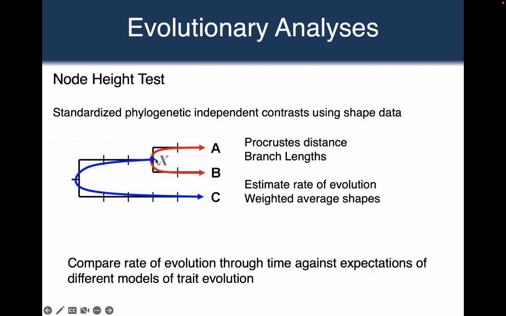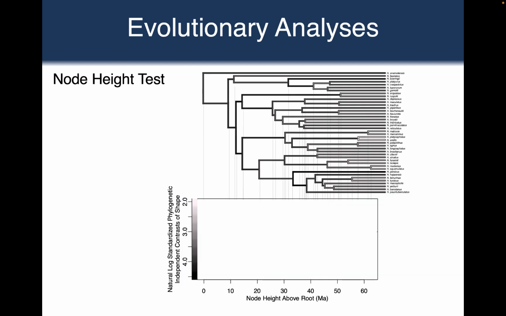Once you have an estimate of rate for each node going back through the phylogeny, you can see how that rate of change changes through time to evaluate different models of trait evolution. So here is our Hemidactylus phylogeny with all the species we had data for. On the x-axis, we have time, millions of years above the root, and our standardized phylogenetic independent contrast of shape, which is in essence an estimate of trait evolution.